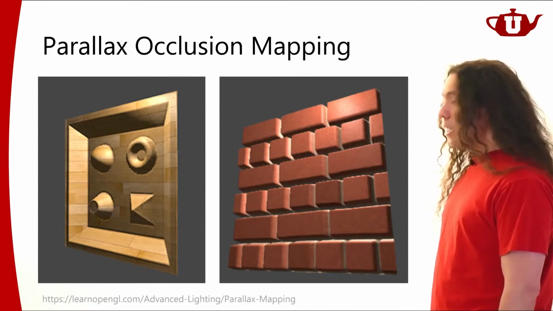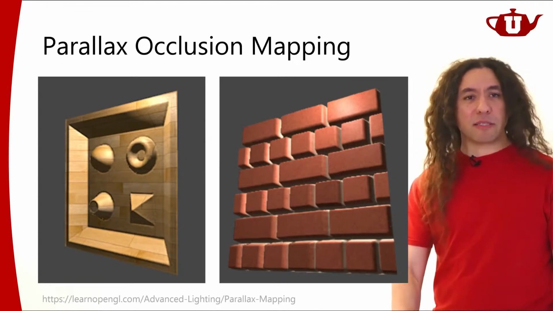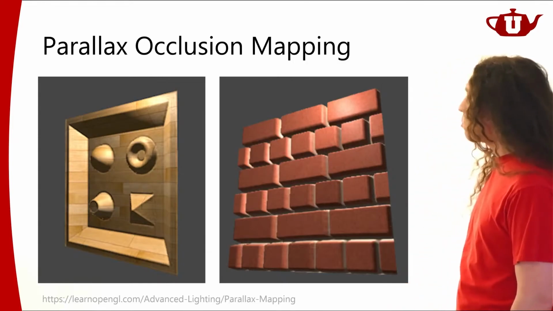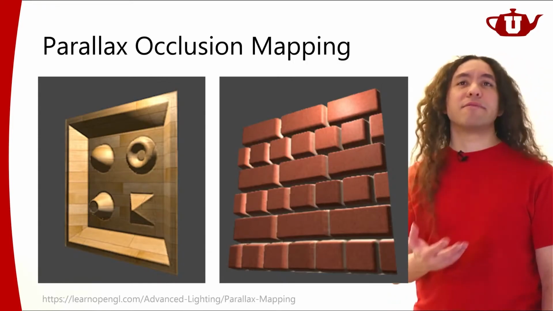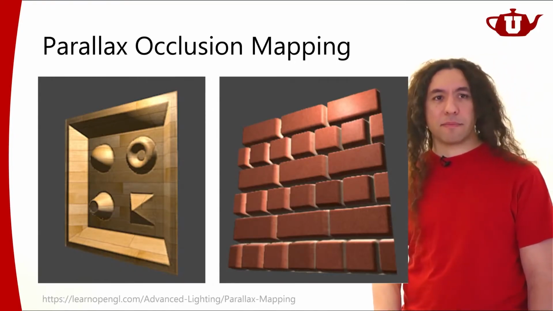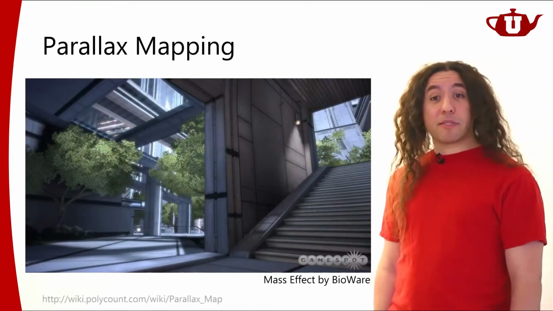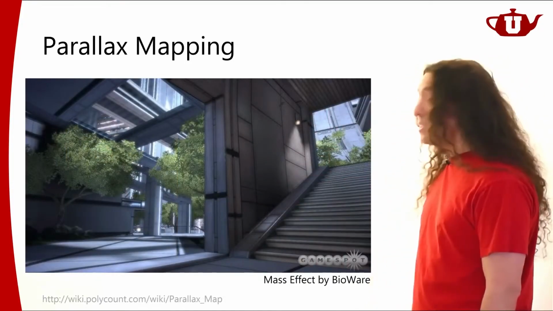It's a little bit faster, but the idea is very, very similar, actually. You can even think of parallax occlusion mapping as a way of implementing per pixel displacement mapping. It's slightly approximate. So here are some parallax mapping examples from actual games.